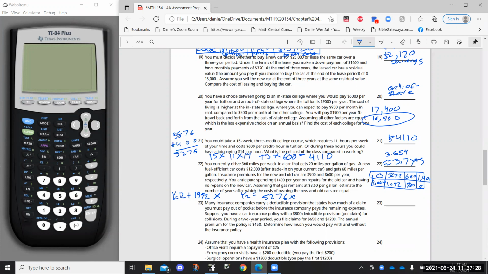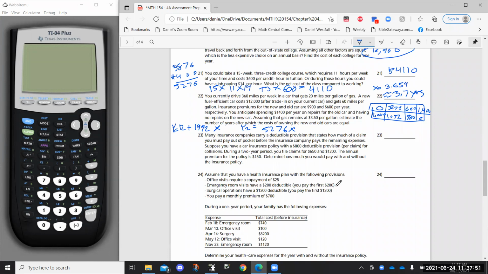But that should be 5276x, and 12,000 plus 1992x. Yep, those are the lines that I graphed. I found the point of intersection on my calculator was when X was about 3.654, and I rounded that to the nearest tenth of a year.